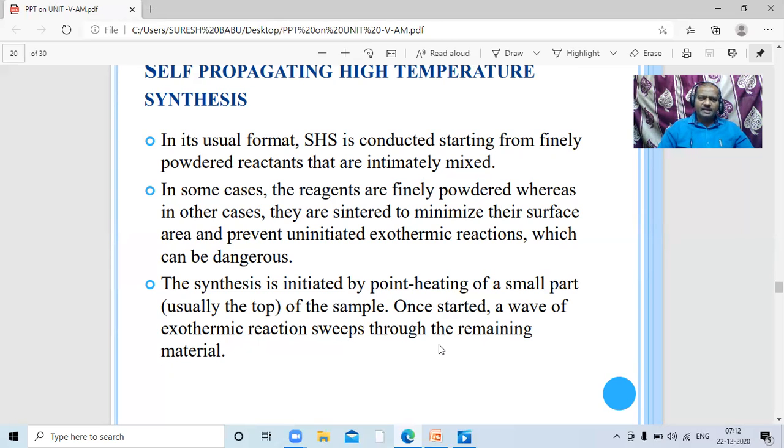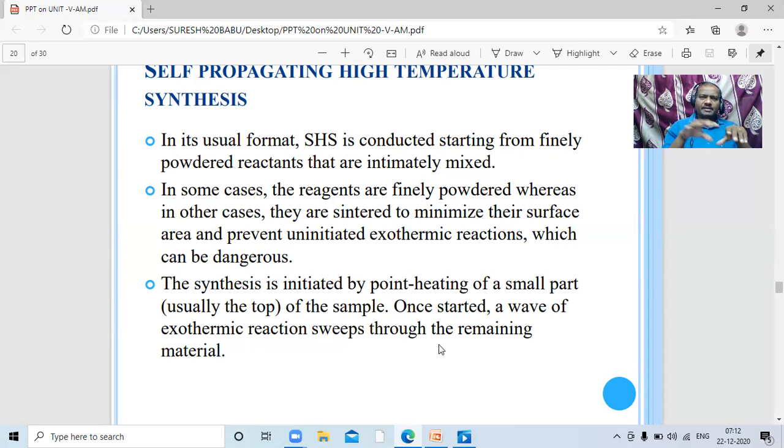Are you able to understand, students? So in SHS we take material in the form of small particles. In short, it is called SHS, that is self-propagating high temperature synthesis.